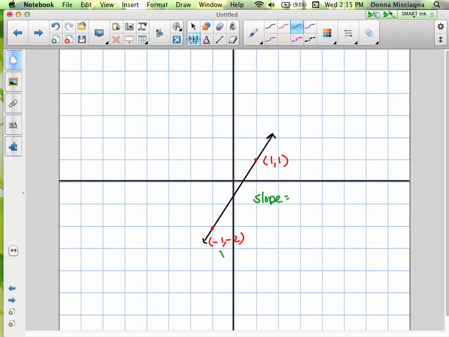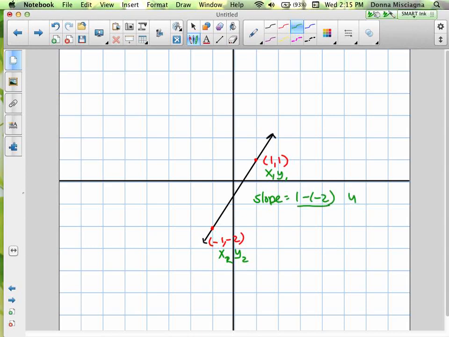All right, so the slope, you be first and you be second. X1, Y1 will be first, and X2, Y2 will be second. So we have 1 minus a -2, right? The y coordinates first.